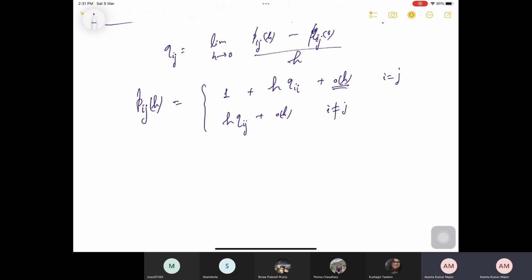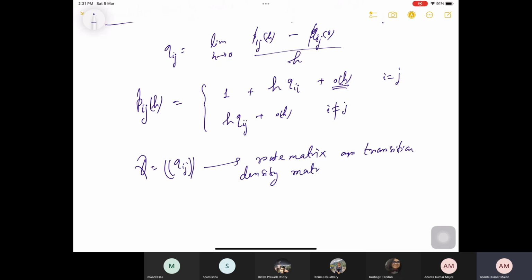Now I denote this Q as Qij. This Q is called the rate matrix or the transition density matrix, in which the rate of transition is happening.